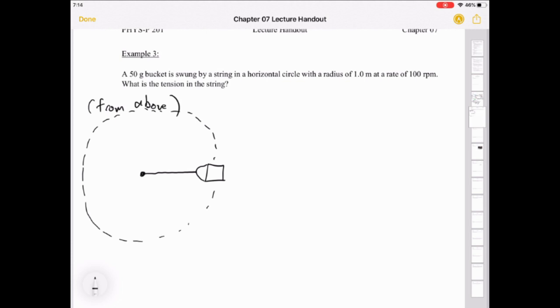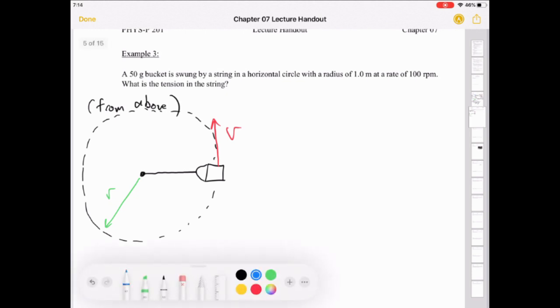So I've got some radius for this circle. I could label it with a green. There's a radius. Let's have it going this way. So there's a tangential speed, and it must be accelerating this way, a sub c.